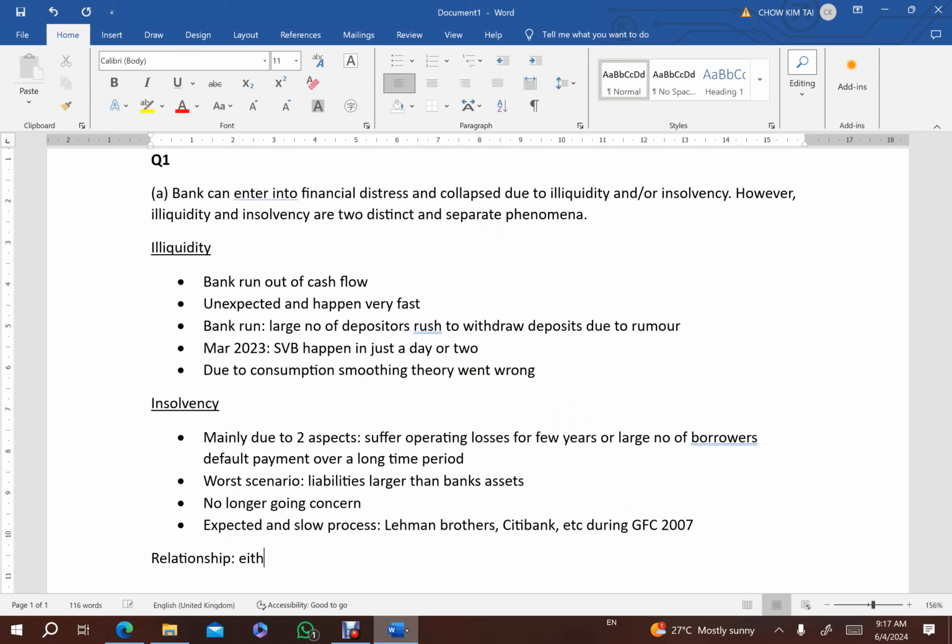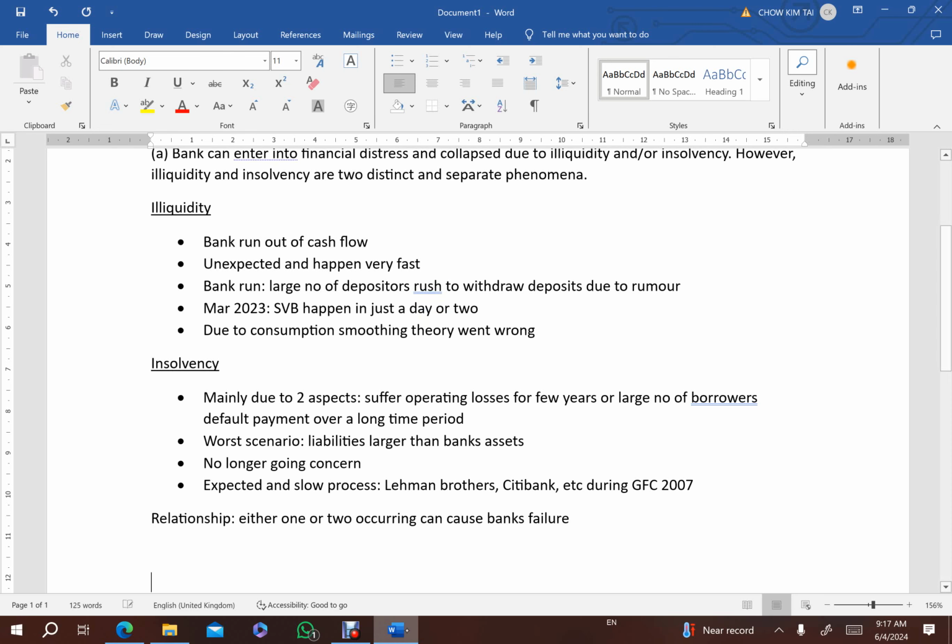Either one or both may occur separately or they may occur together. If they occur together, then of course the impact is even worse. Okay, so that is the first answer: illiquidity and insolvency.